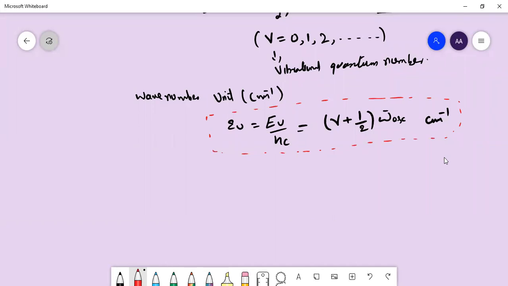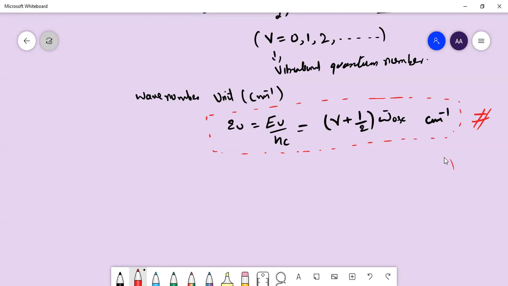This equation is very important and should be kept in your mind while solving for the energy of your diatomic molecule or simple harmonic oscillator. These are the only energies allowed to a simple harmonic oscillator, the vibrational energy levels.